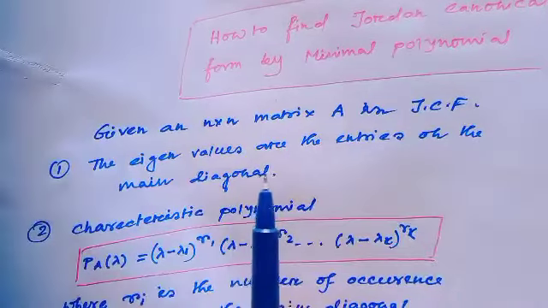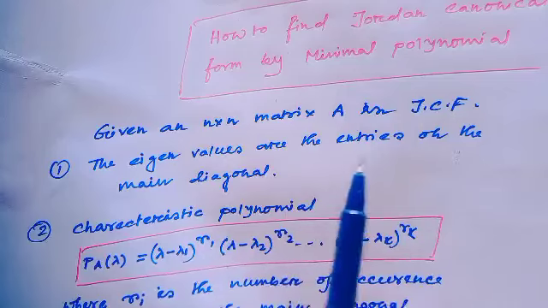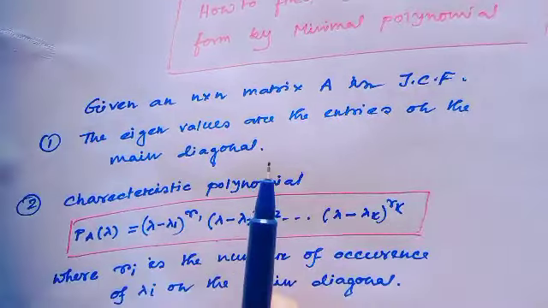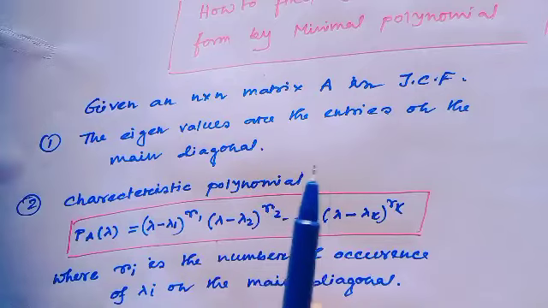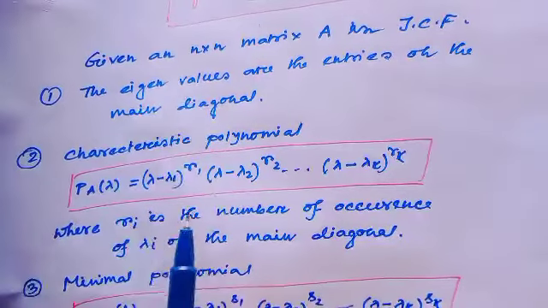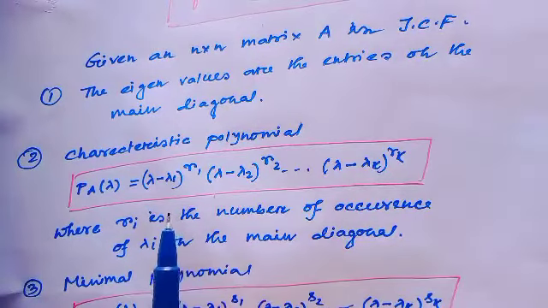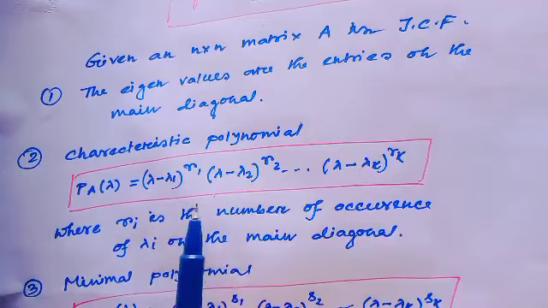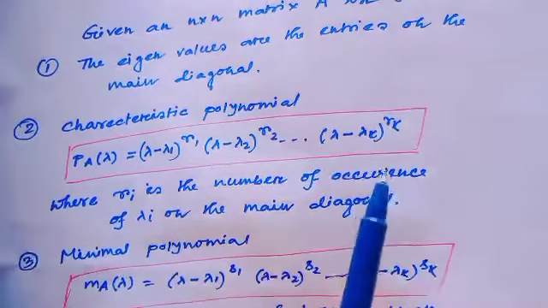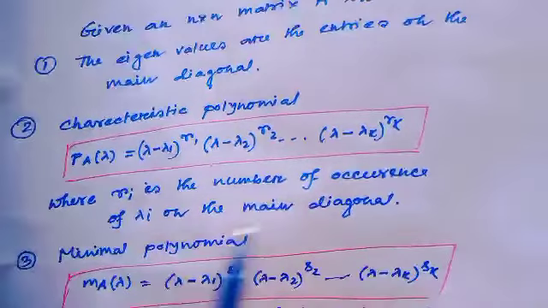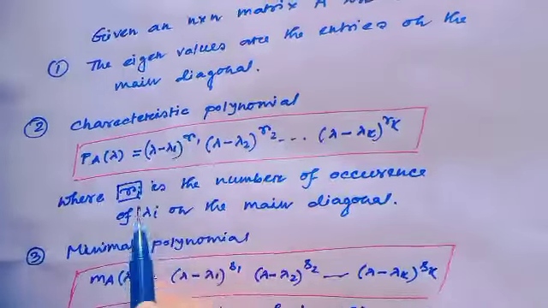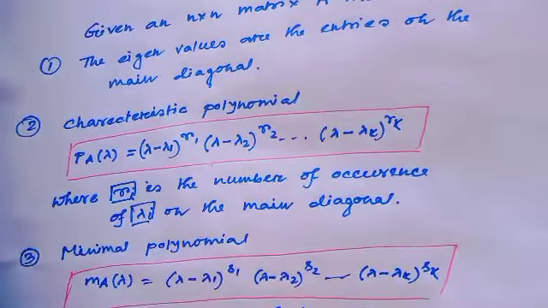For this, given an n cross n matrix A in Jordan canonical form, we all know the eigenvalues are the entries on the main diagonal. Second, the characteristic polynomial is (lambda minus lambda 1) to the power r1, (lambda minus lambda 2) to the power r2, up to (lambda minus lambda k) to the power rk, where ri is the number of occurrences of lambda i on the main diagonal.